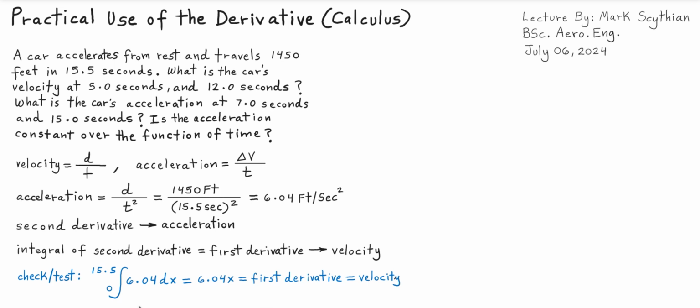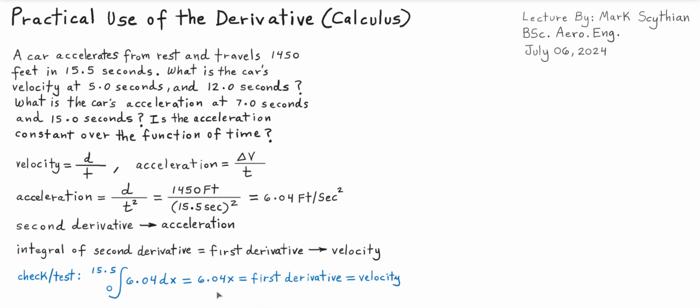So this would be a definite integral with the upper limit 15.5 seconds and the lower limit 0 seconds. So 6.04 as a constant, its derivative x, or dx, then converts the constant into a first derivative or velocity. So the constant acceleration, then going to a function of the first derivative.